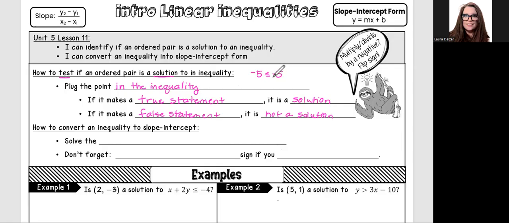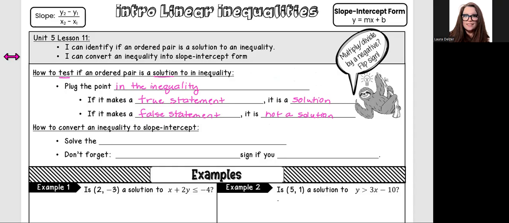It can be equal to each other, so this is a true statement, and this is a solution. If it's not a solution, you'll end up with something that doesn't make any sense, like 5 is less than or equal to -1. That is obviously not true, and therefore it is not a solution. Let's see how this works out when we solve some problems.